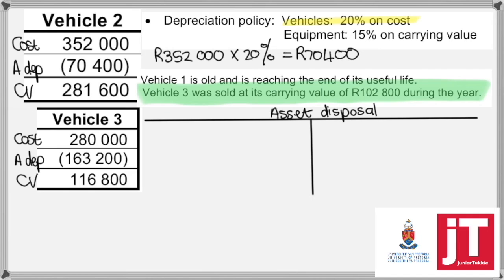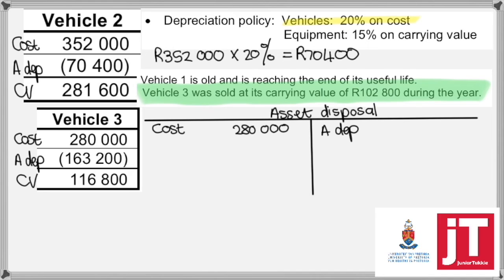Always remember, step number 1, take out the cost to the asset disposal account. What was the cost? 280,000. Step number 2, update your depreciation, which I cannot do because I don't know on which day I sold it. Which means step number 3, I cannot take out the total accumulated depreciation because I couldn't update it, so I don't know what's the total.